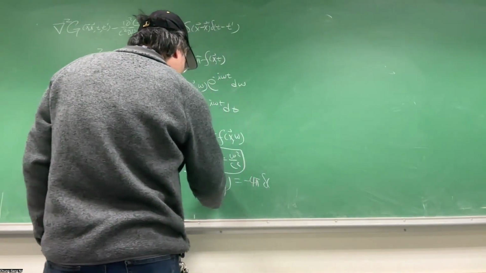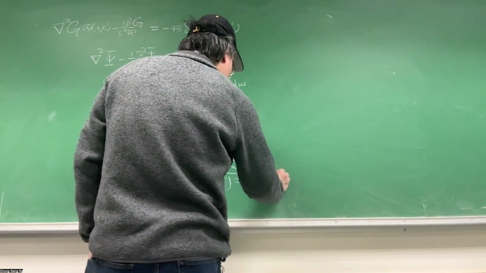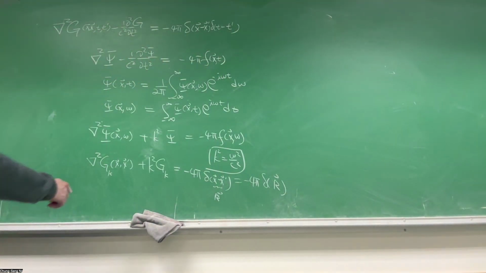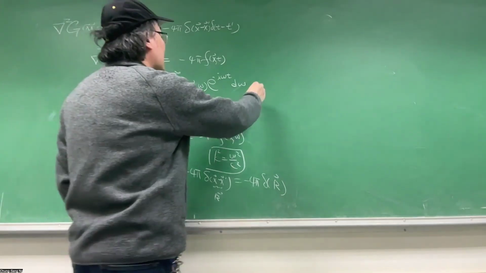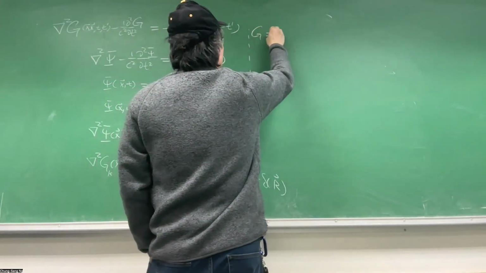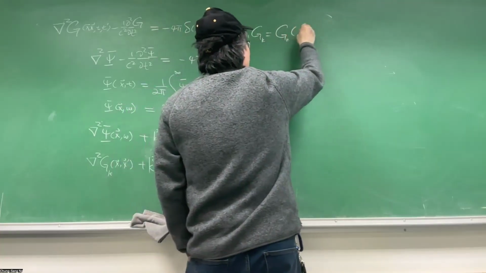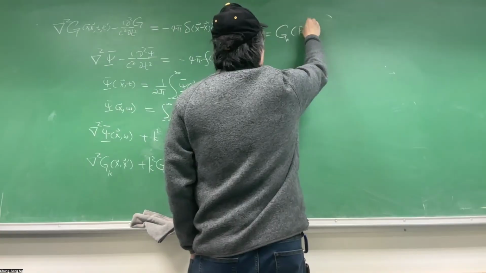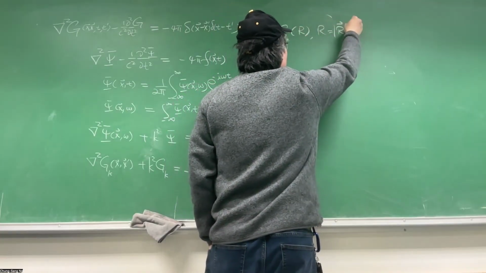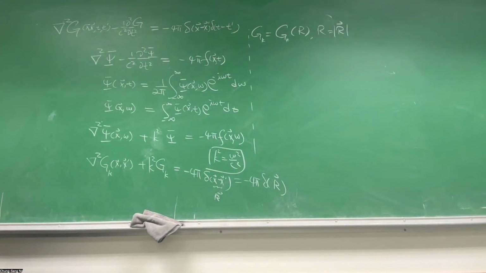We define this as vector capital R, and G becomes G sub k, a function of R only. R is the magnitude of this R, capital R is just x minus x prime.